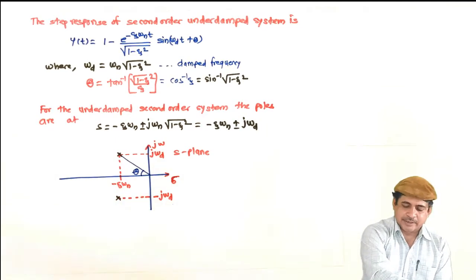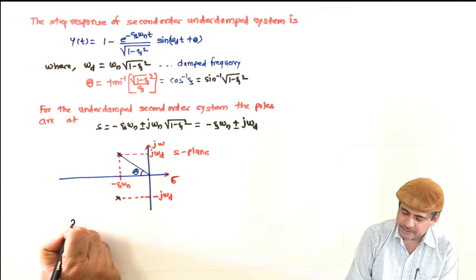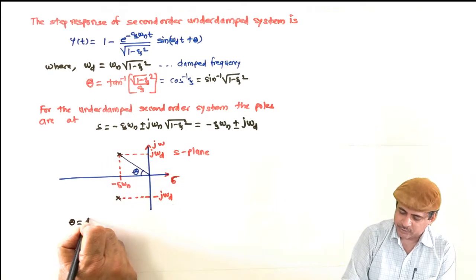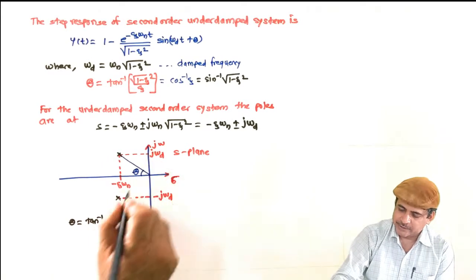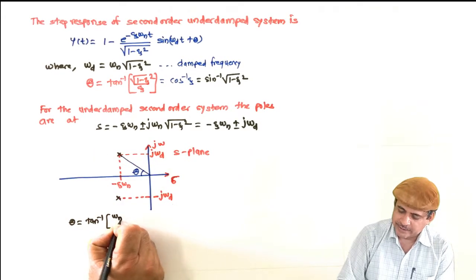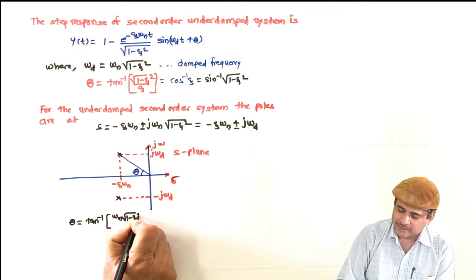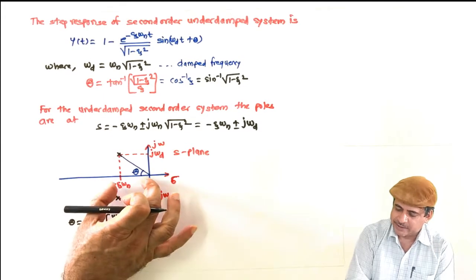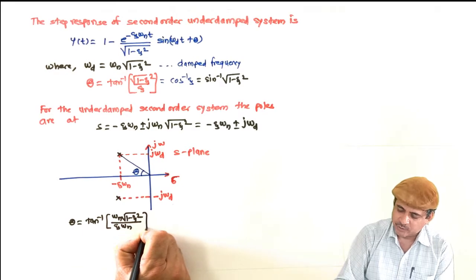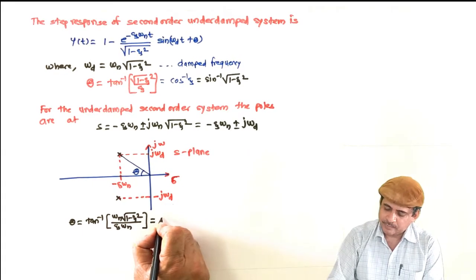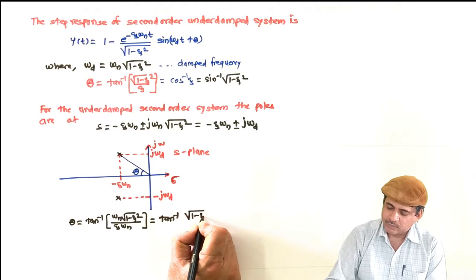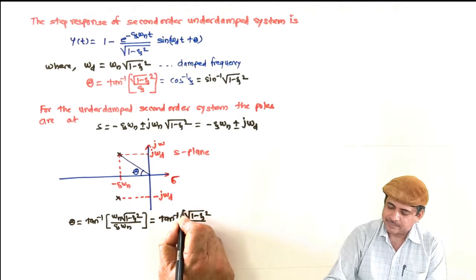So applying trigonometry, what we get? This theta is equal to tan inverse of this by this. So tan inverse of this distance, omega d, that is omega n into under root 1 minus zeta square, divided by this distance, zeta omega n. So this is equal to tan inverse of under root 1 minus zeta square by zeta.